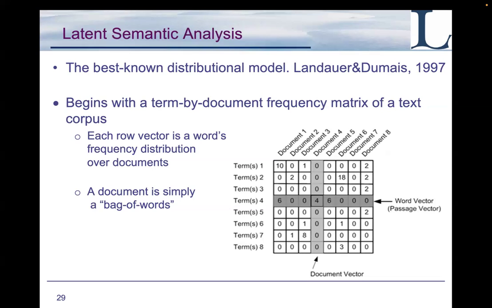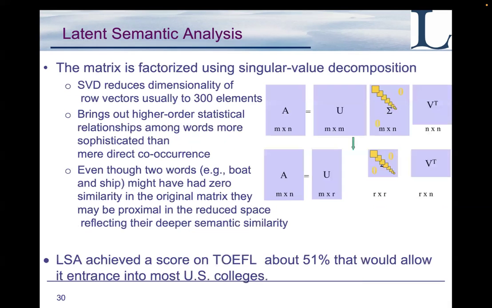But as you can imagine, technically, you may have a very large set of documents that you analyze, and then you may have a very large set of terms that you want to model. So you will have this huge matrix, which is rather sparse, and quite bulky to compute on.